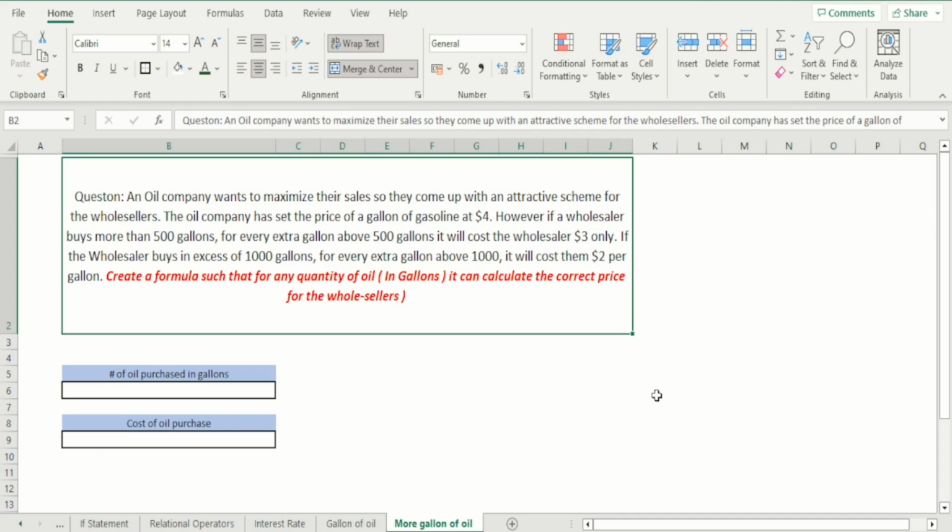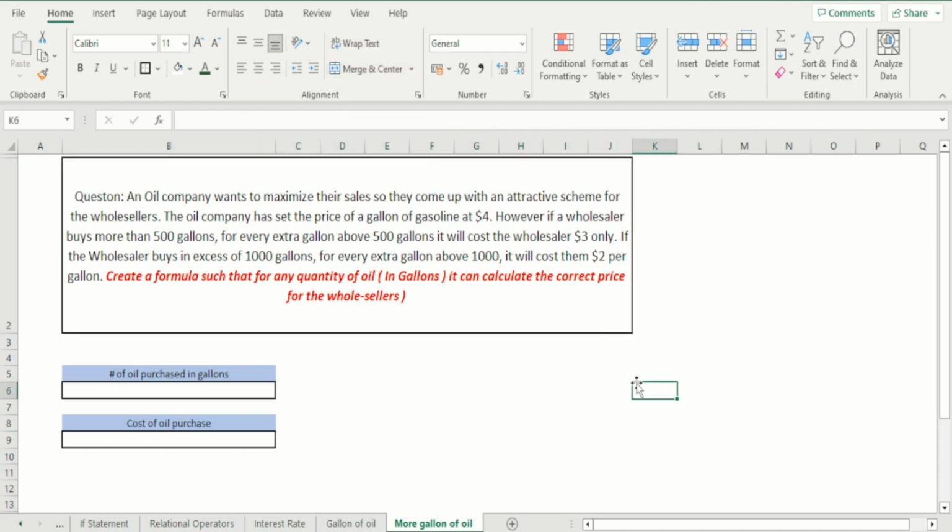And you'll notice that this problem so far is a replica of the problem that we dealt with in the last example. But it goes beyond it. It says that if the wholesaler buys in excess of 1,000 gallons, then every extra gallon above 1,000 gallons will cost them $2 per gallon. Okay, so this is a slightly more twisted tale.